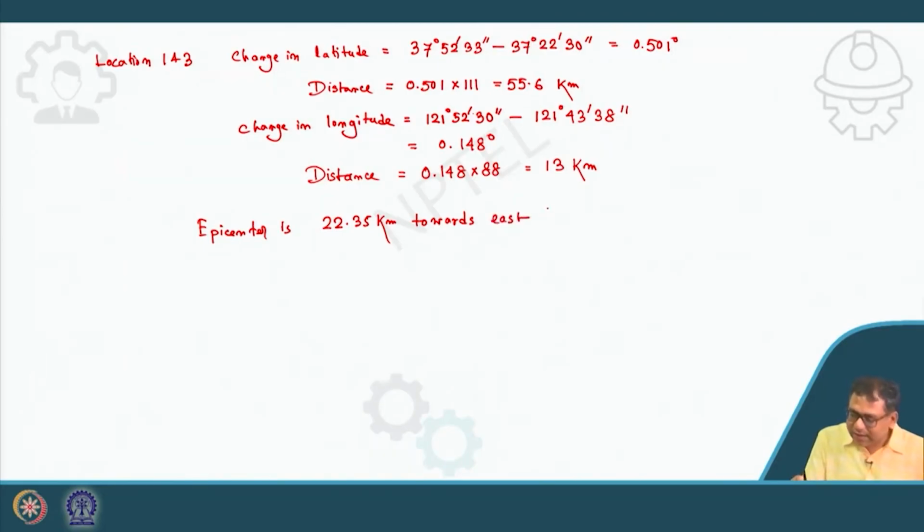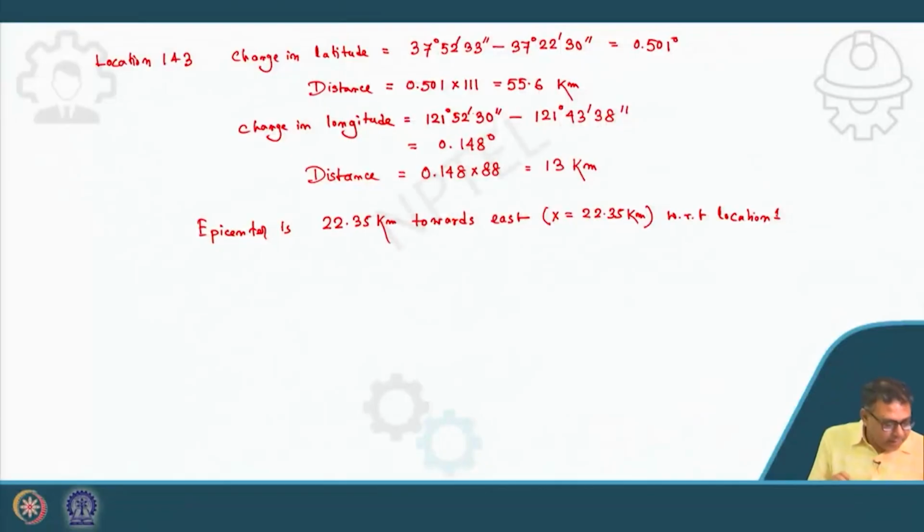Towards east means your x value is 22.35 kilometer, which is positive towards east, with respect to location 1.